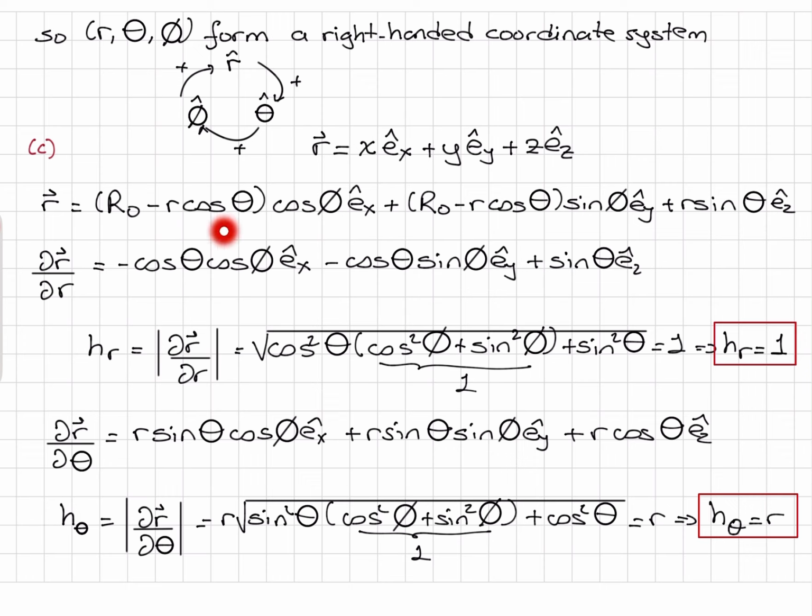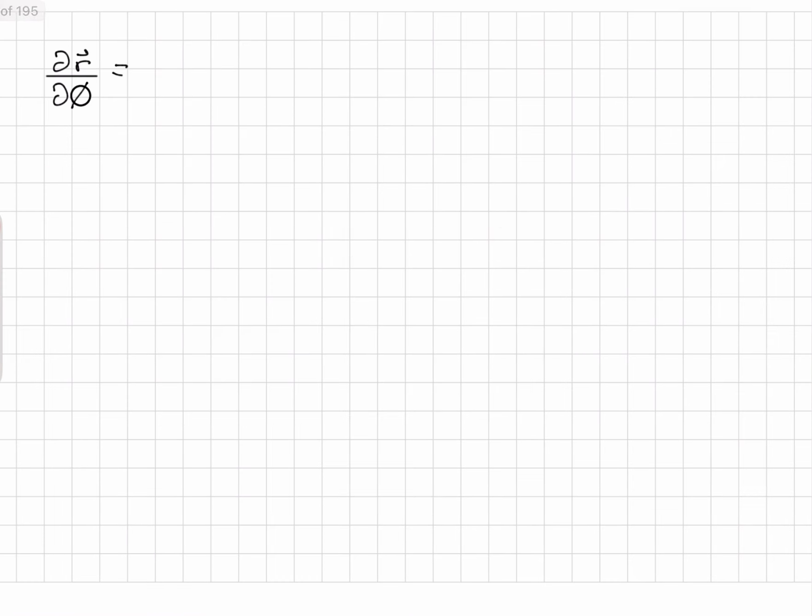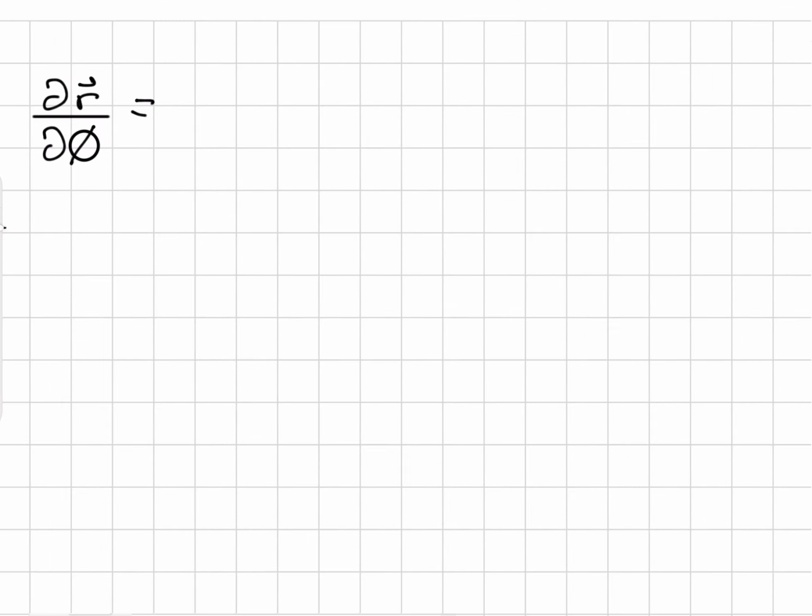So I'm taking the derivative with respect to phi here. No contribution from this one. So it's going to be r cosine theta sine phi ex hat, the first term. And this will be minus r cosine theta cosine phi ey hat, because the derivative of sine phi is cosine phi. All right.